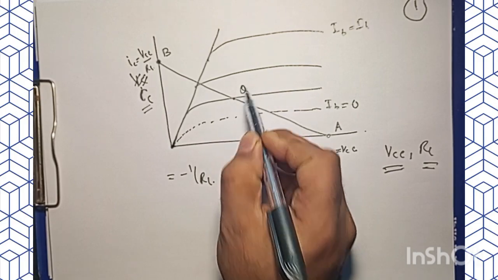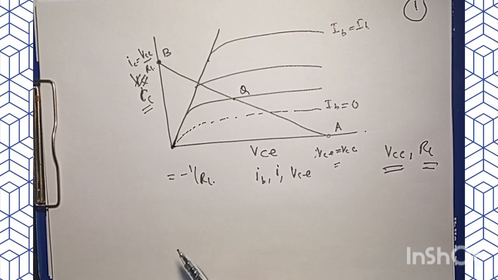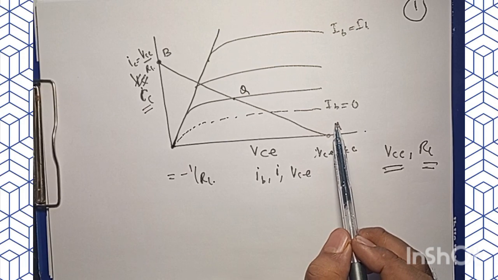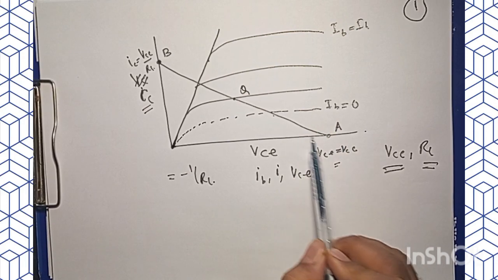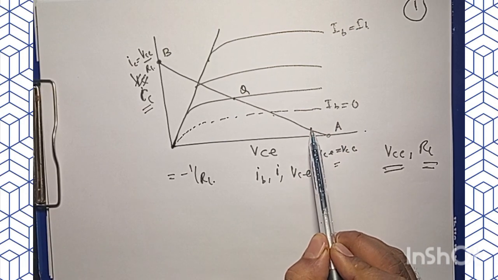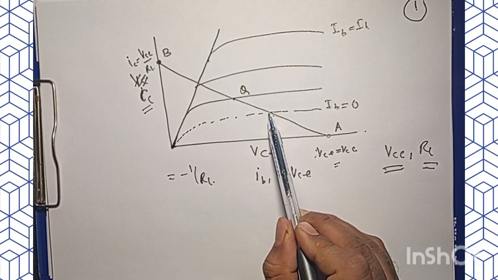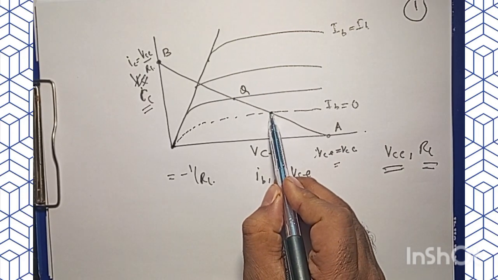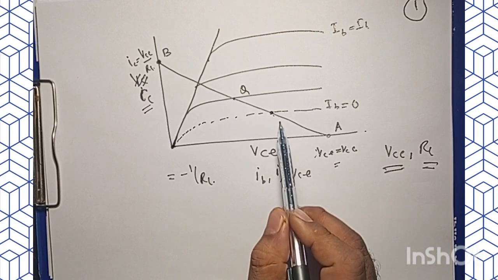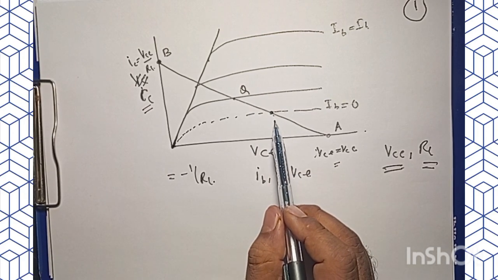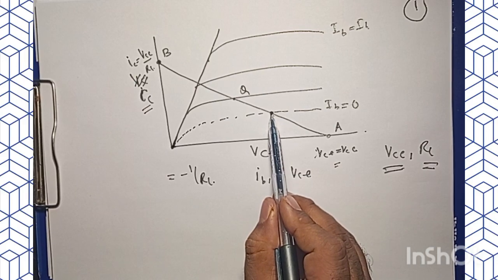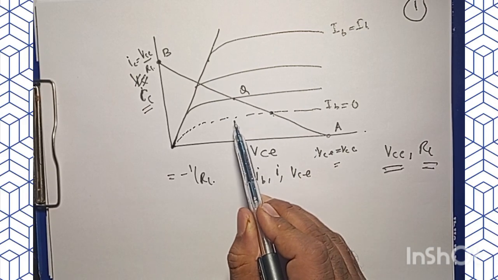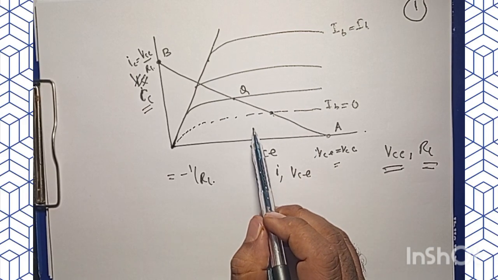Now the question is: suppose the point where this DC load line intersects such that IB is equal to 0. This point on this curve is the cutoff point, right?